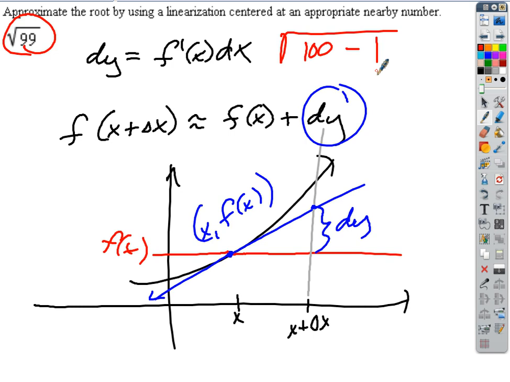So that looks like f of x plus delta x. Now let's just focus on that part. I'm going to get a new page, and that's all we're going to look at. If you can see that part, it's really easy.